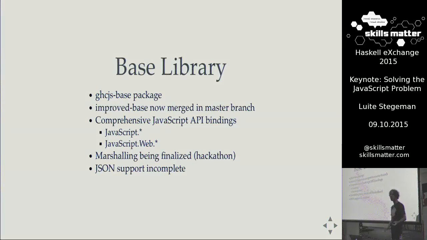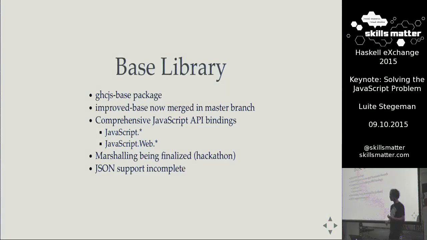This should also be the place to look if you want to know how to interact with JavaScript. There are new foreign function interface extensions that are used here, and it should be the best way to provide bindings for JavaScript. There's also a comprehensive JS string library, which has the same API as the text package.